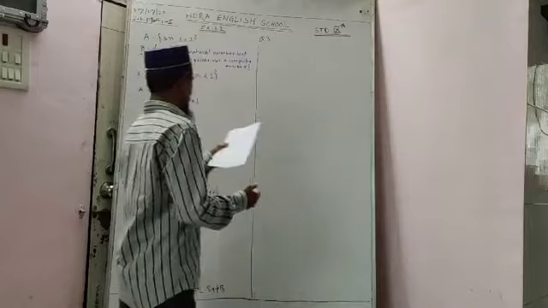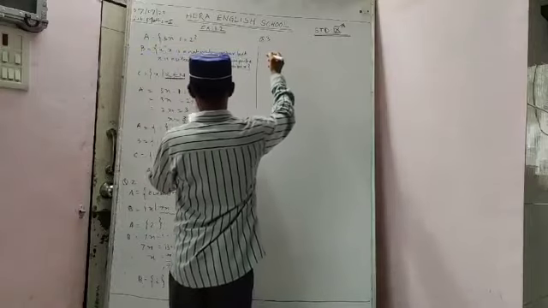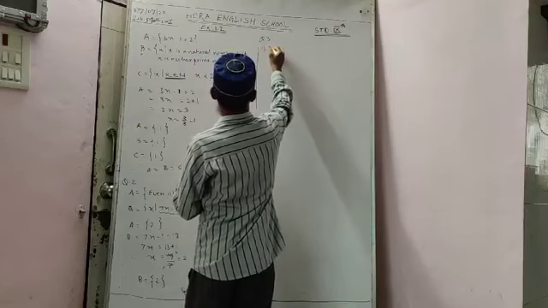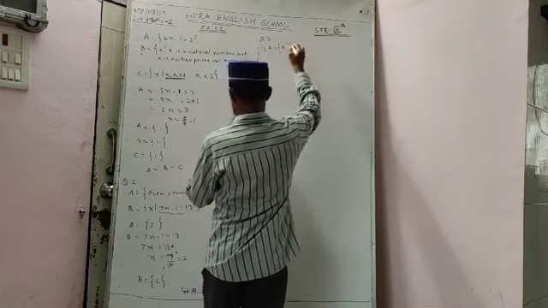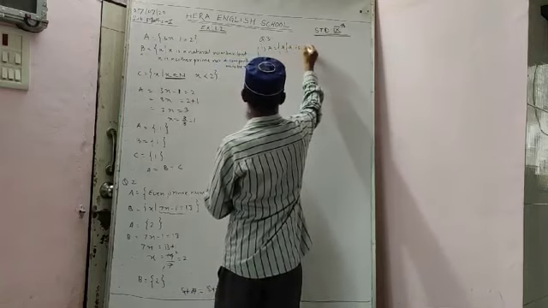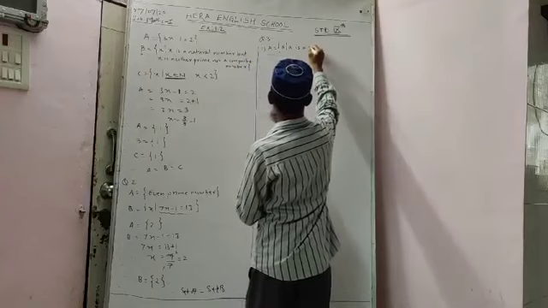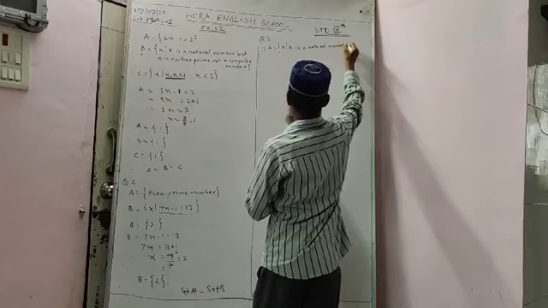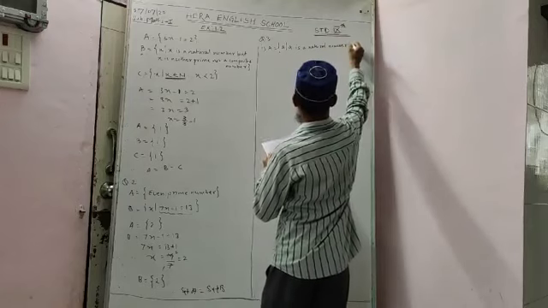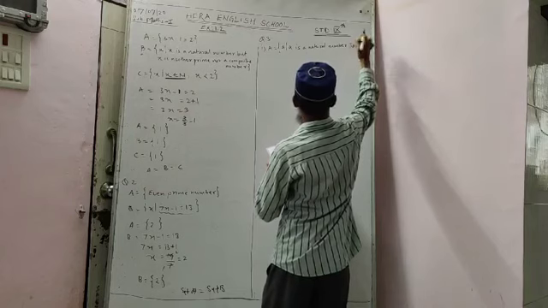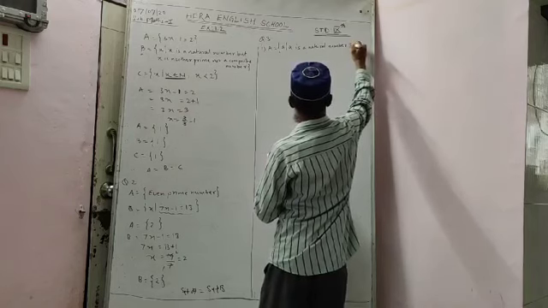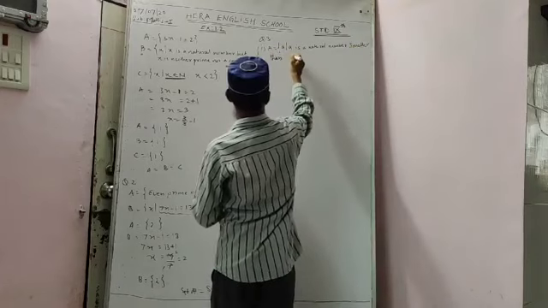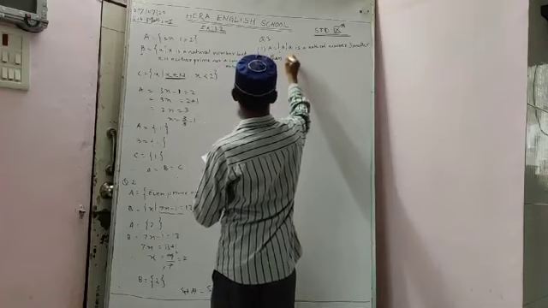Now we have some questions. Set A, the first question: A is a natural number smaller than 0.